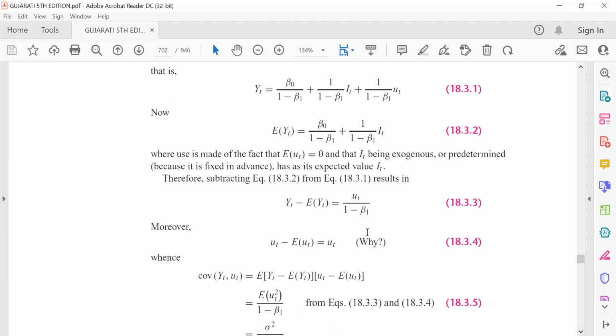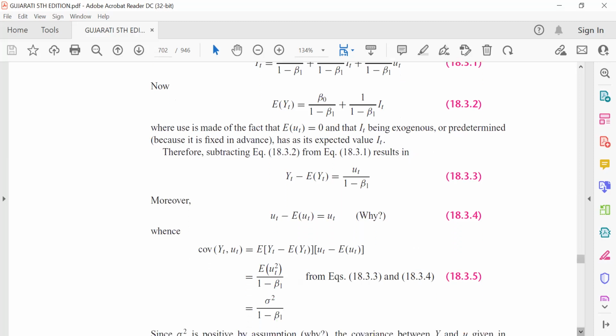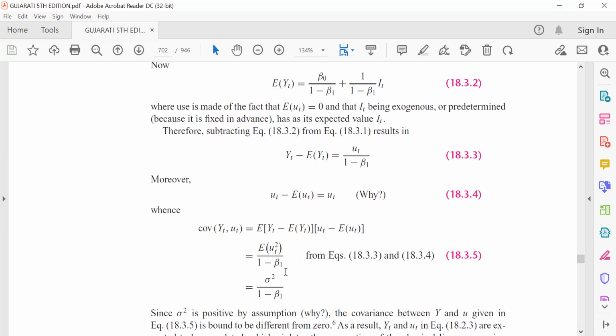Here we know that the expected value of mu t is not equal to 0. And also the variance becomes sigma square over (1 minus beta 1) squared.